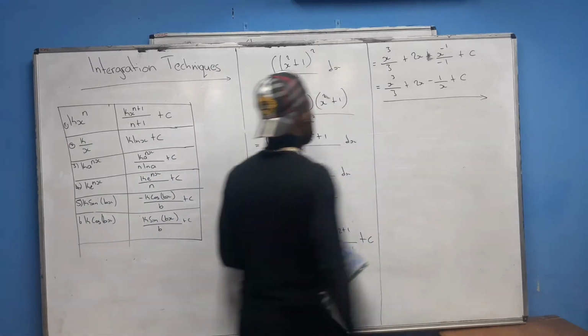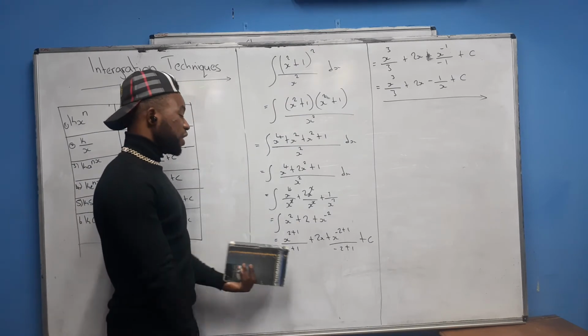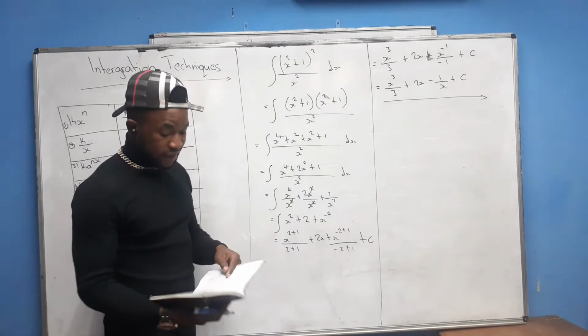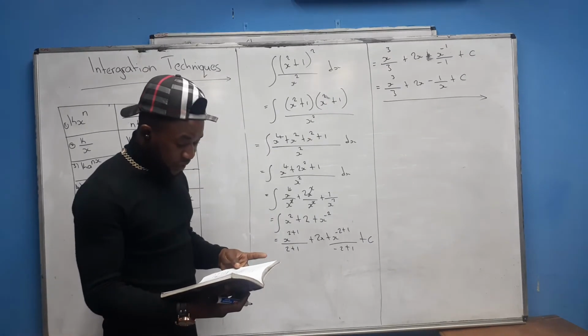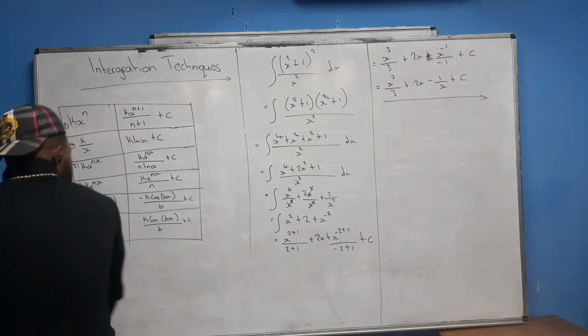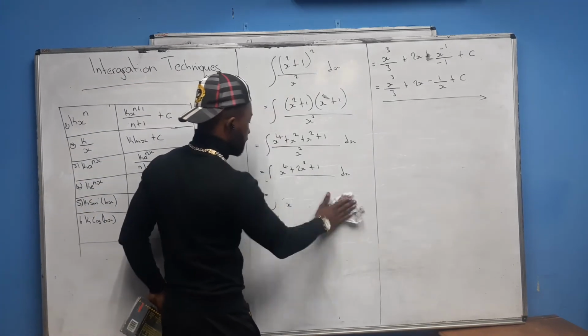So if you are given a certain fraction, you have to simplify so it becomes very easy for you to integrate. This is what I did. Alright, let us try to also do a different one.